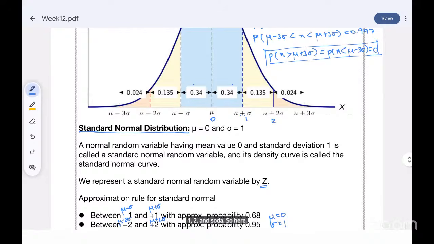So this is 1 standard deviation from the mean. Now this was 2 standard deviations from mu. Same way this is 3 standard deviations from mu. So in that way, z tells you how many standard deviations you are away from the mean value.